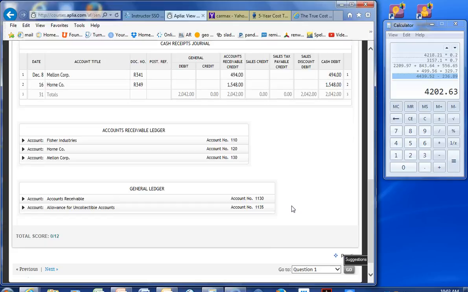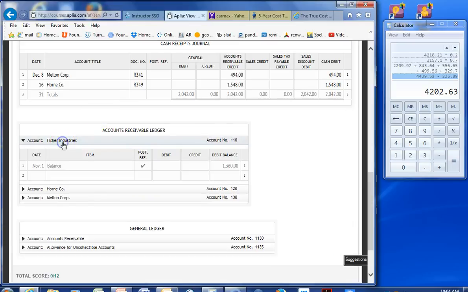All right, the accounts receivable ledger. Let's do Fisher Industries first.